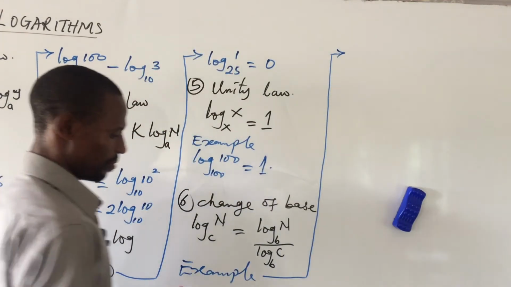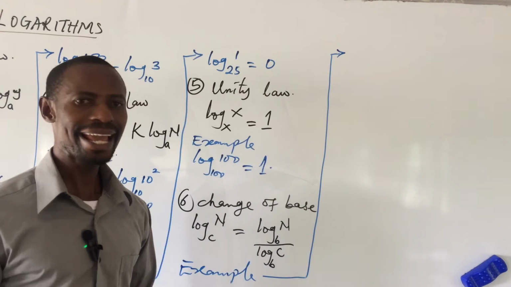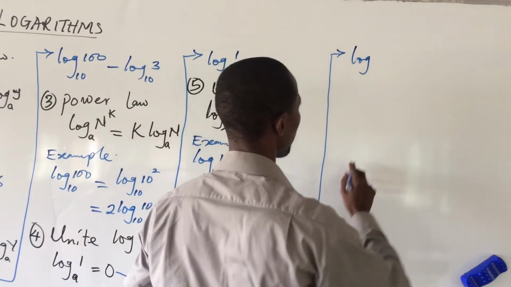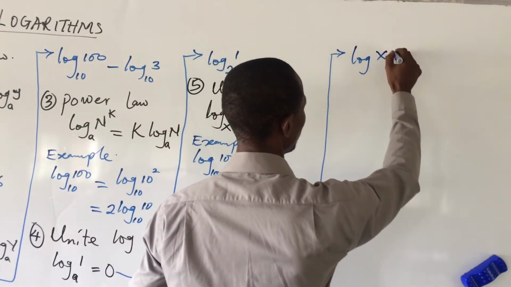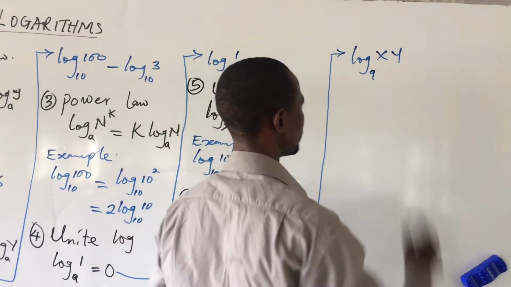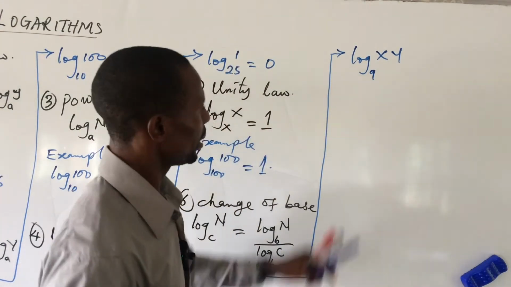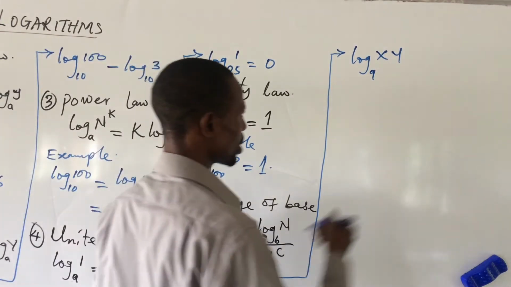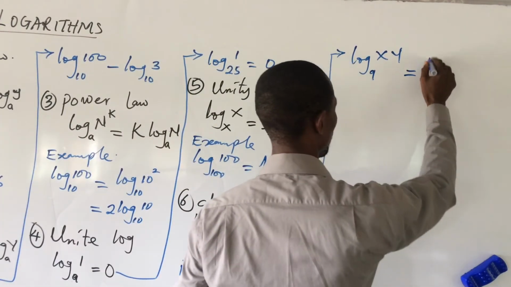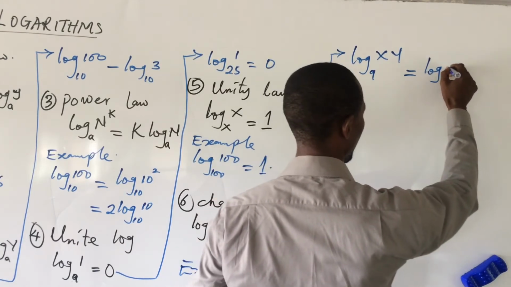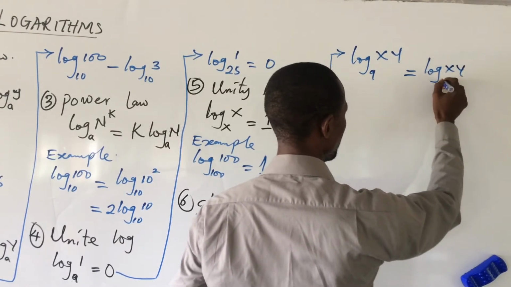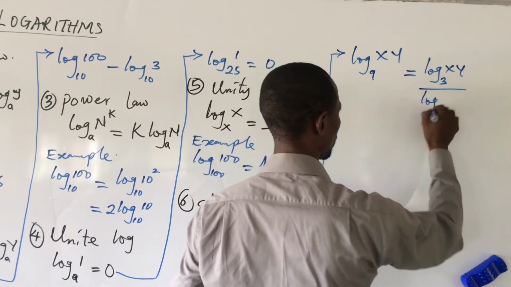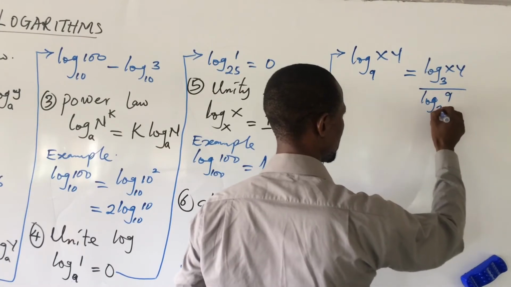For instance, if I have something like log xy base 9. If I want to change this base, and I decide to change it to base 3, this will automatically give me log xy base 3, which is the new base, all over log 9 base 3.